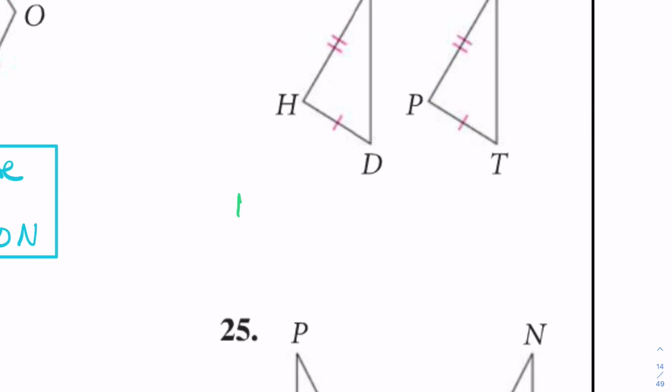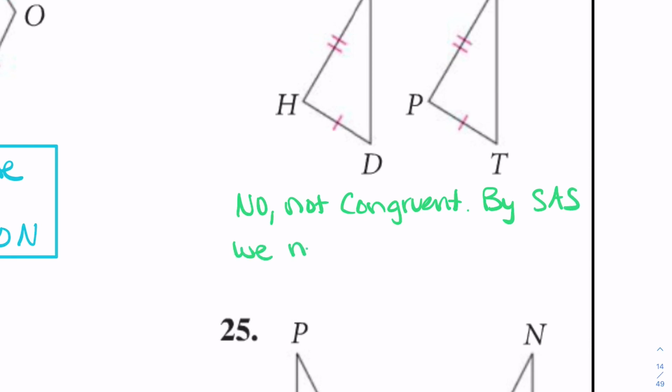So the answer is no, not congruent. By side angle side, we would need to know that angle H is congruent to angle P. And that's it for that one.